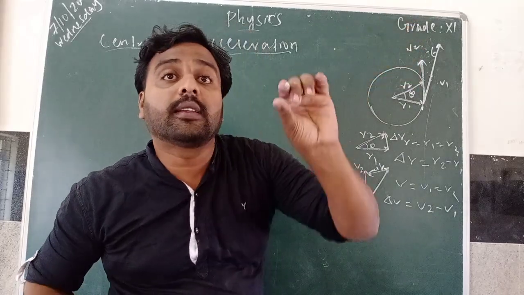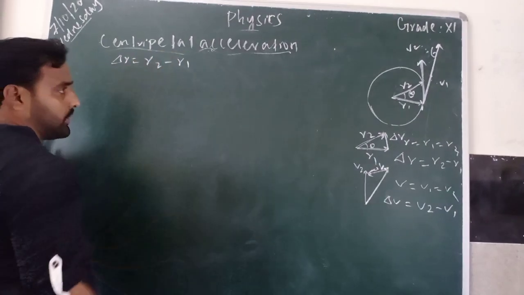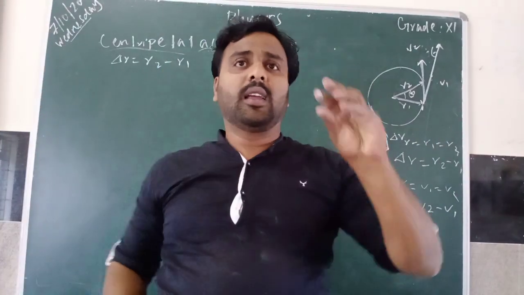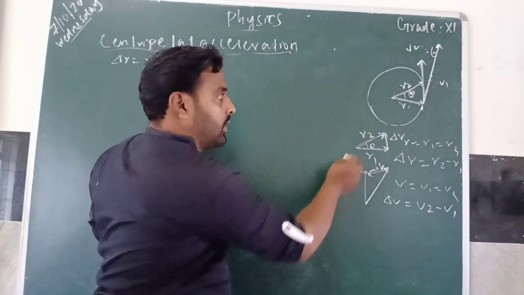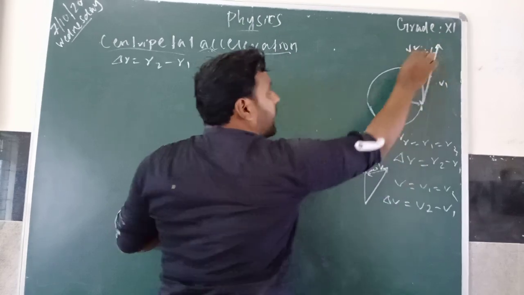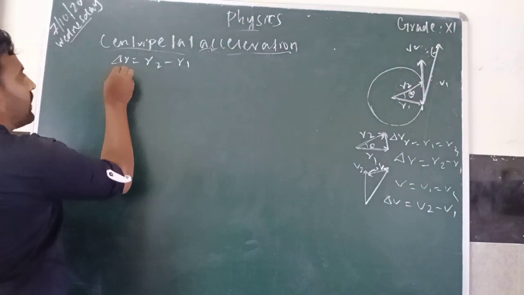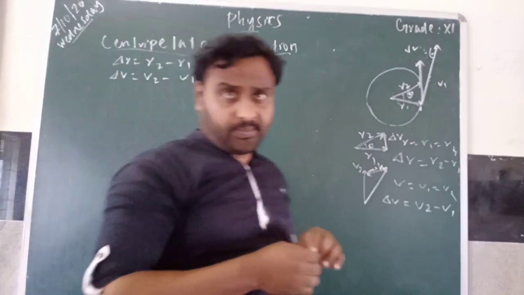So you can write the displacement delta R equal to R2 minus R1. The same thing, the change in velocity from V1 to V2. You see, velocity is changing from V1 to V2, so you can write delta V is equal to V2 minus V1.